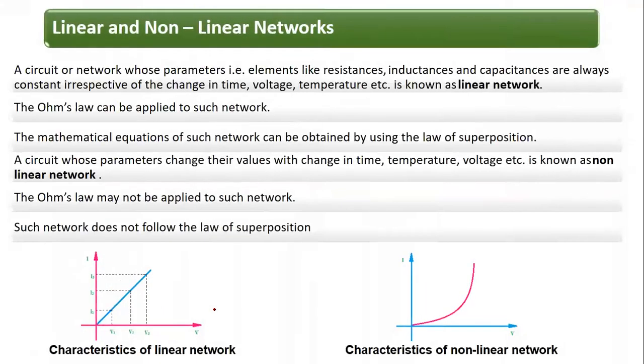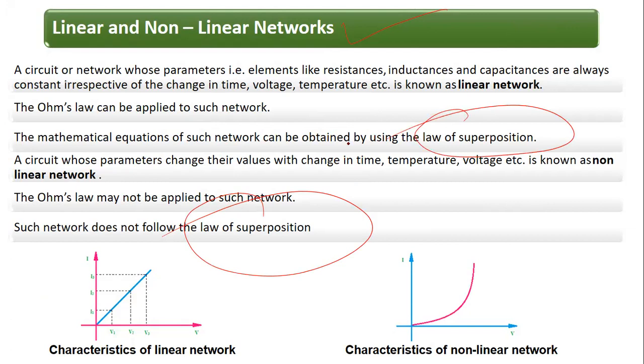So let us come to the linear and non-linear network. As I told you earlier also, if any system possesses a linear relationship between the voltage and current, or if any system obeys the law of superposition, such systems, such electrical networks, are under the category of linear networks, right?